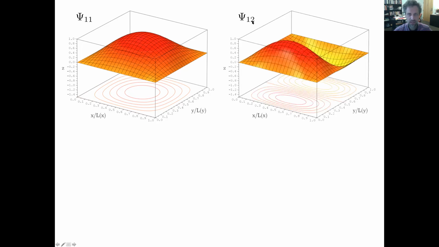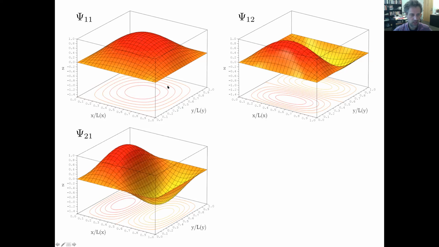If I change one of the indices, let's say y to 2, then of course y will now have an extra swing, because n equals 2 means that there is a swing up and a swing down, and that happens only along the y dimension, not along the x dimension, and therefore this 2-dimensional wave function looks different. Here's another one. These two are degenerate.